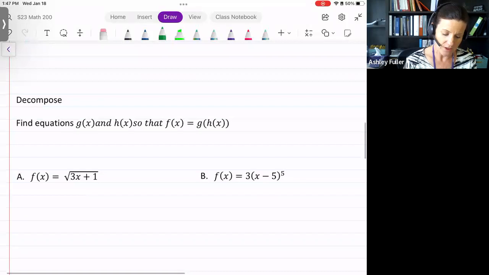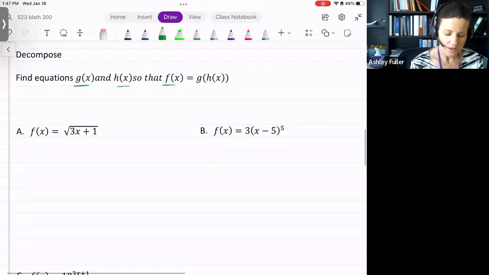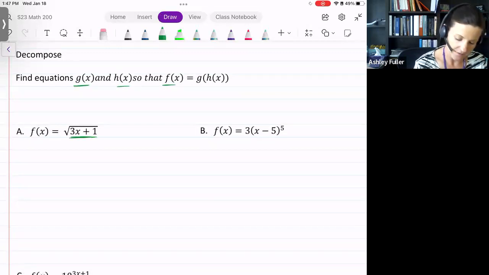We also need to be able to decompose functions. So take a more complex function and break it into two functions from which we can obtain that function. So I want to find the g of x and the h of x so that when I perform g of h of x, I obtain f of x. Notice here, I have this linear function on the inside. So that's going to be my h of x.